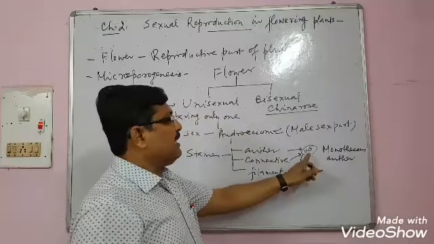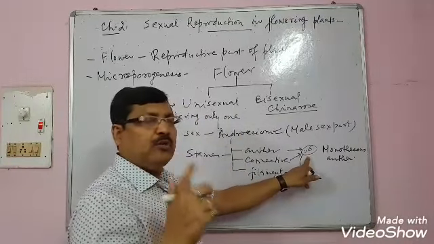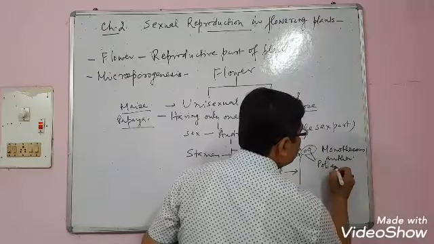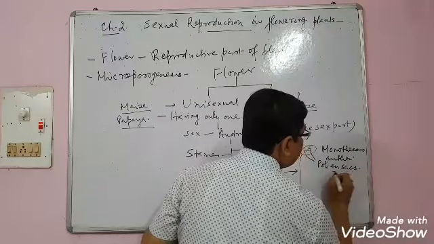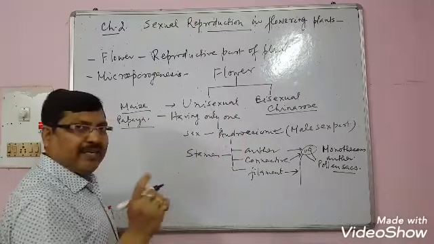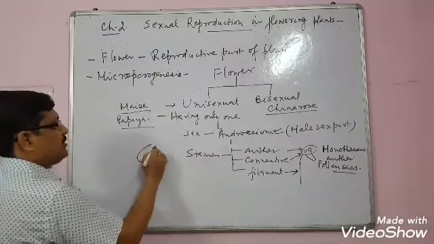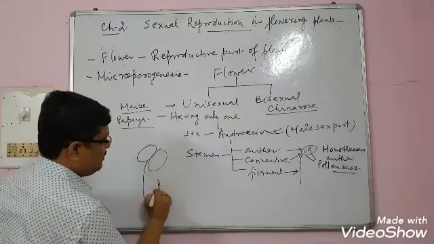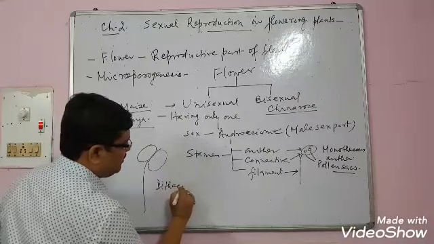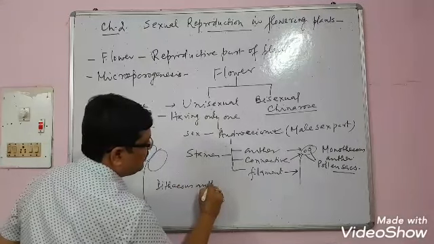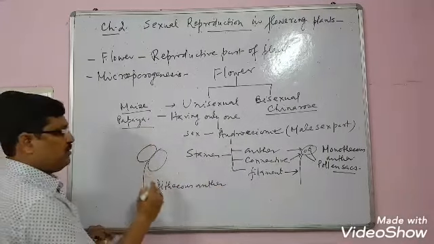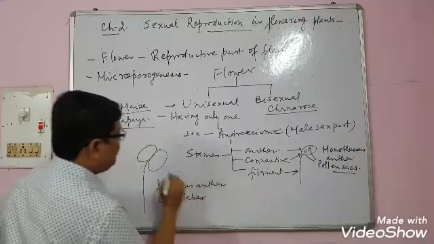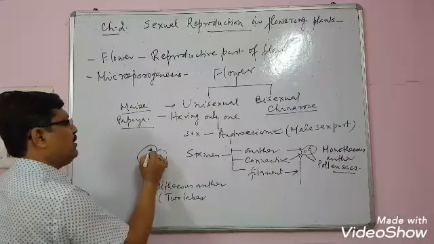In the monothecous anther, there are two pollen sacs. Whereas in the case of dithecous, this is the dithecous, meaning two lobes, it has four pollen sacs.